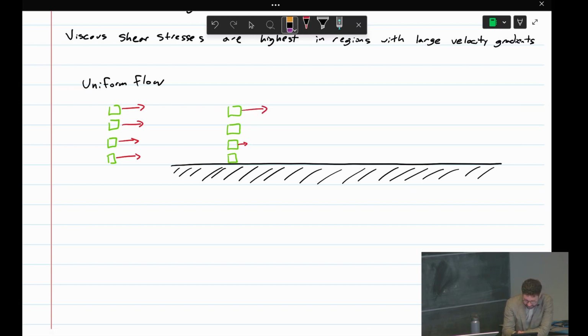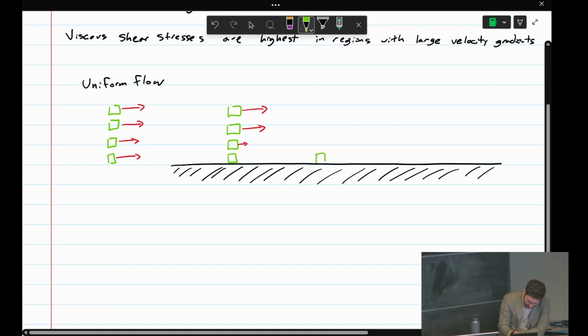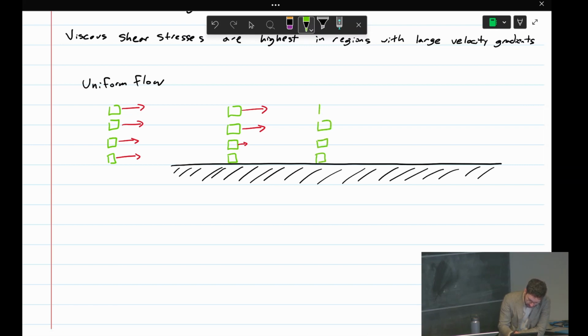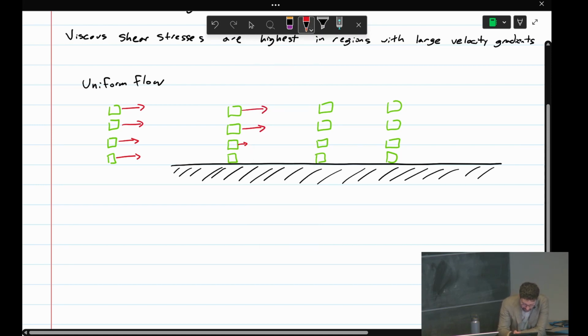So the top parcels haven't really felt the effect of the wall yet. But as this stack of parcels moves along the wall, that shearing is basically transmitted further and further into the fluid.